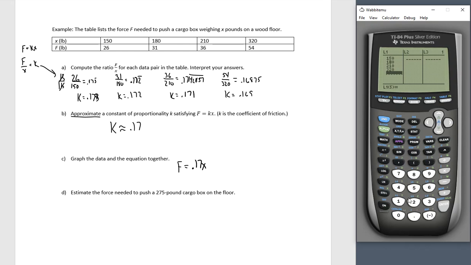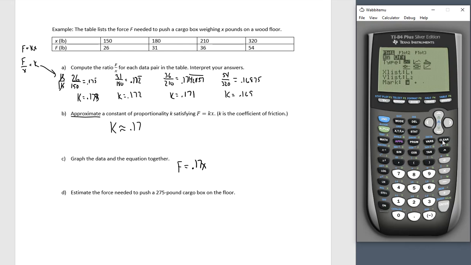And then my y values, the force: 26, 31, 36, and 54. I make sure the lists are the same length and put that in my list so I can graph it.